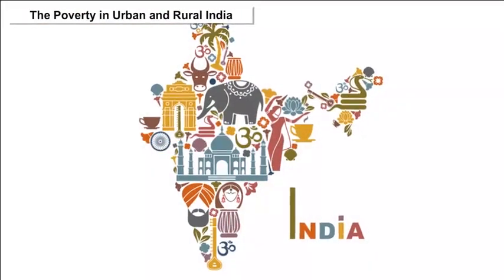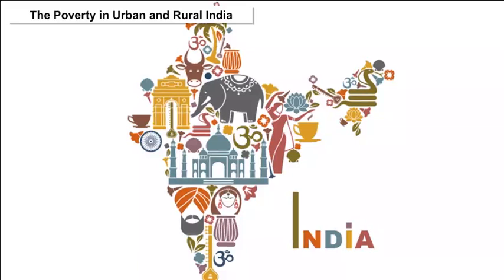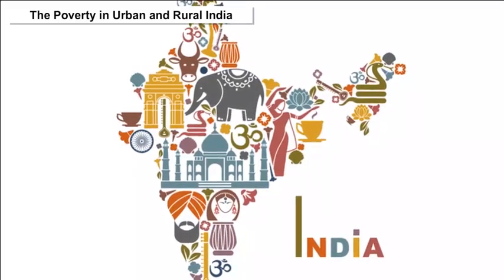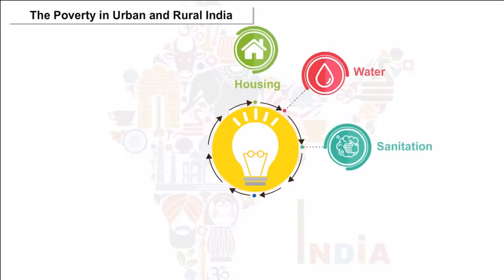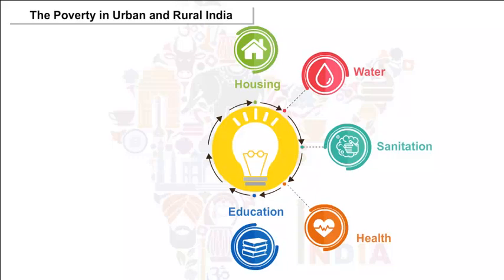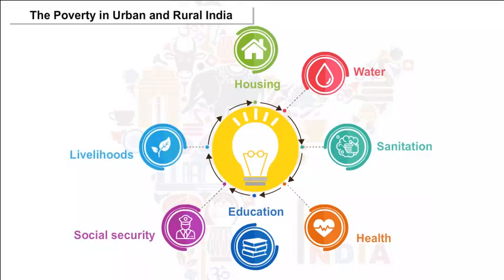Poverty in urban and rural India. The nature of urban poverty possesses distinct challenges for housing, water, sanitation, health, education, social security, livelihoods, and the special needs of vulnerable groups such as women, children, and the aging.